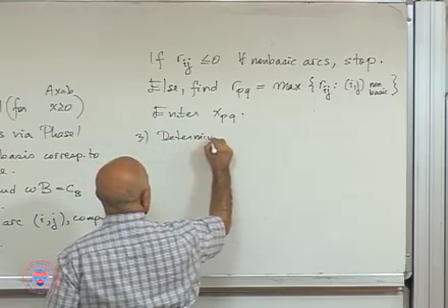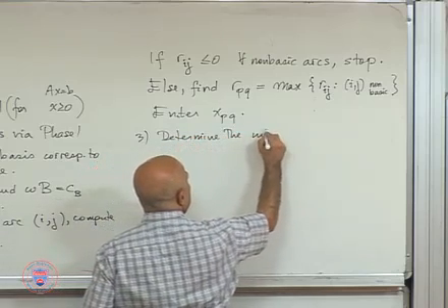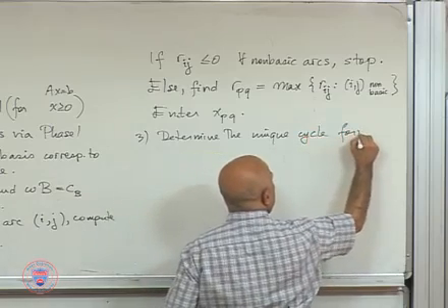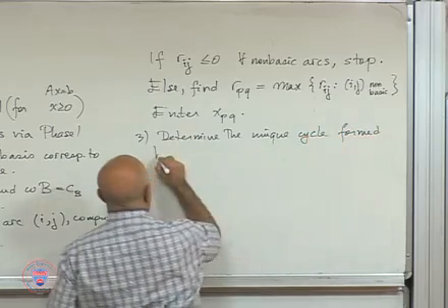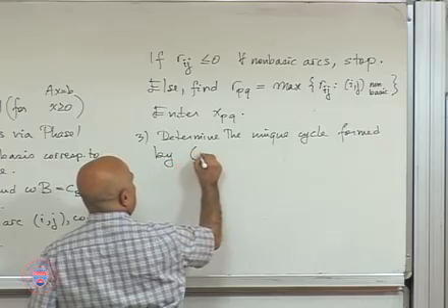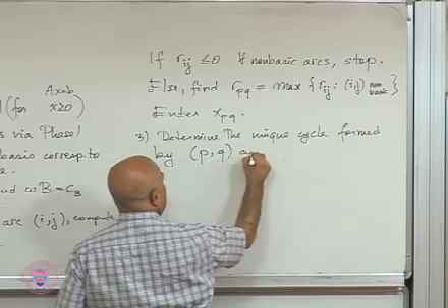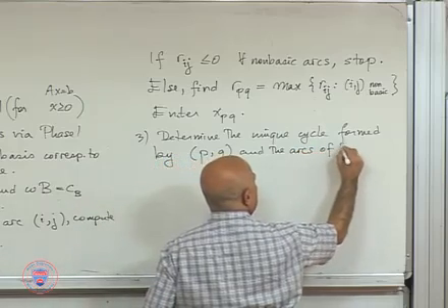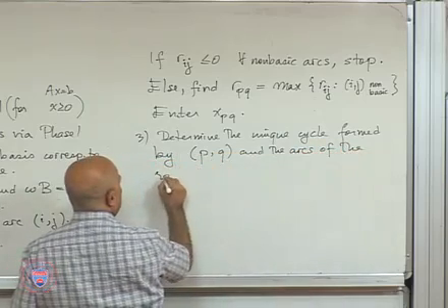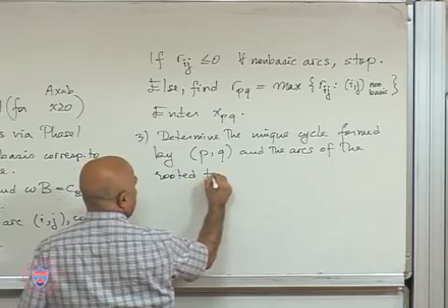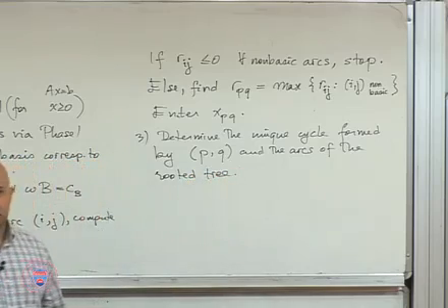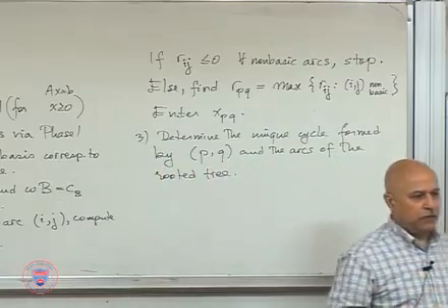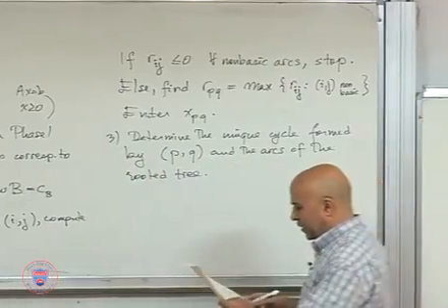3. Determine the unique cycle formed by the incoming arc PQ and the arcs of the current rooted tree. See, the rooted tree under consideration does not have any cycles. When you add an arc, it forms a unique cycle, so it's easy to identify that.